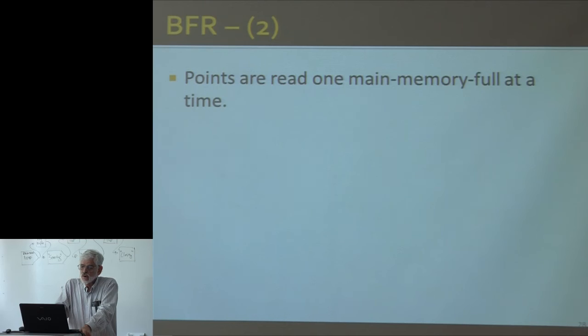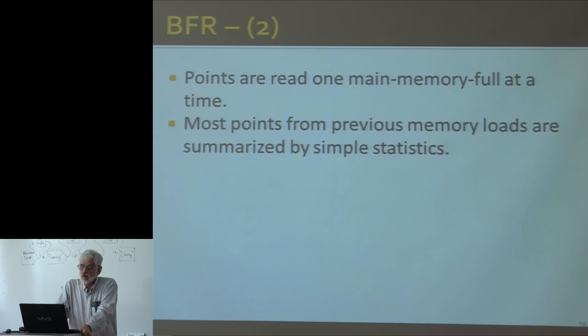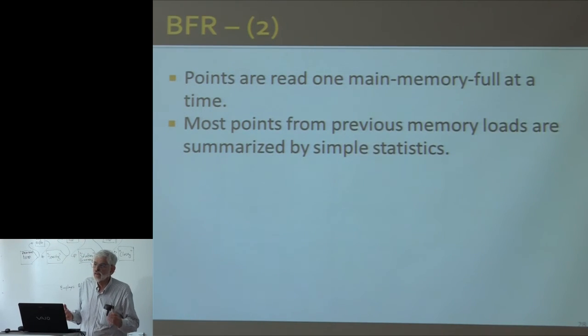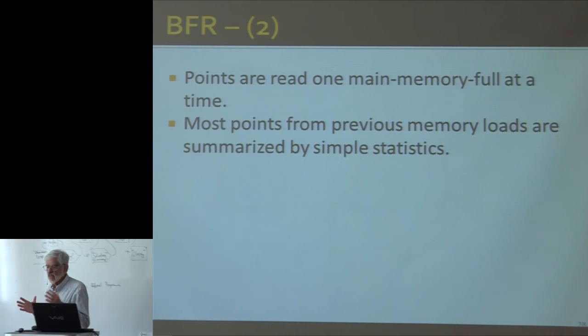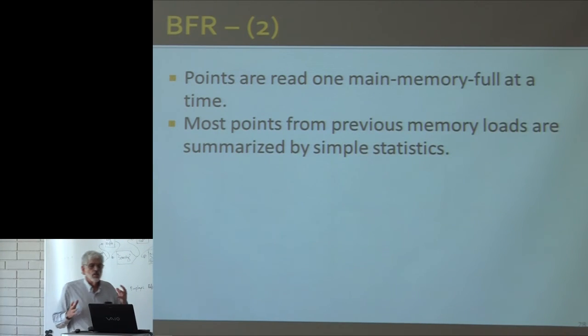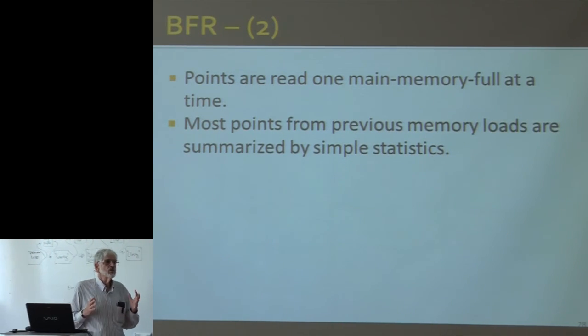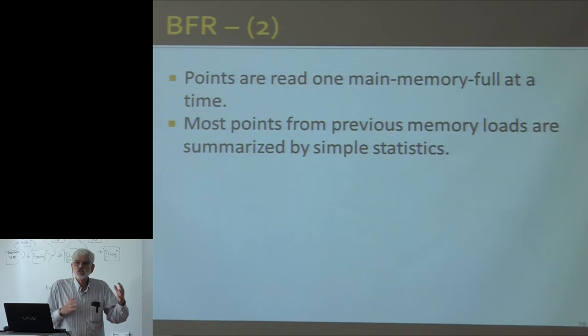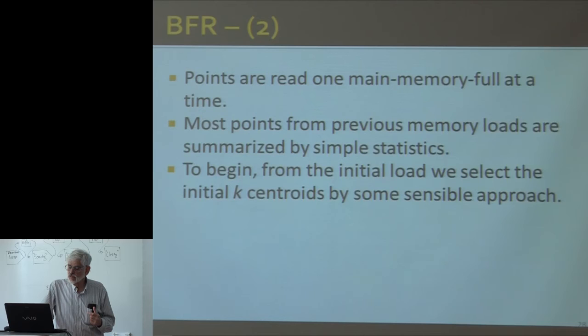Okay, so in the BFR algorithm, we're going to read the points one main memory full at a time. And the idea is that the points that have been processed so far are mostly summarized by some simple statistics. That is, we've decided where to handle most of the points from the previous memory loads, and we represent them by statistics.